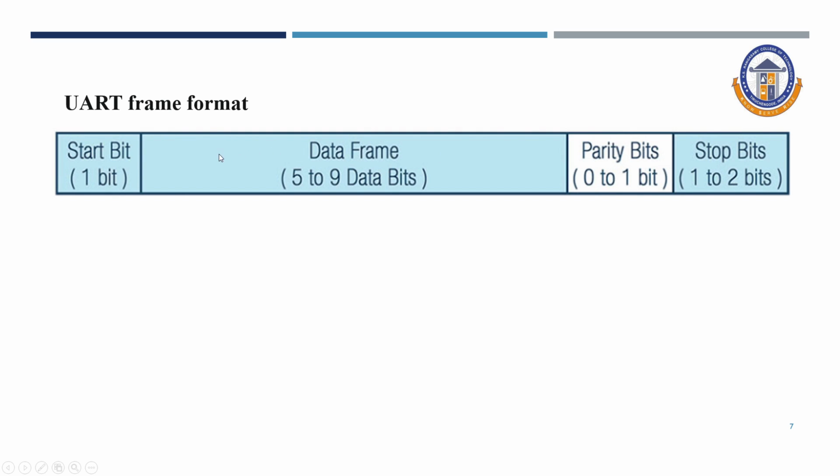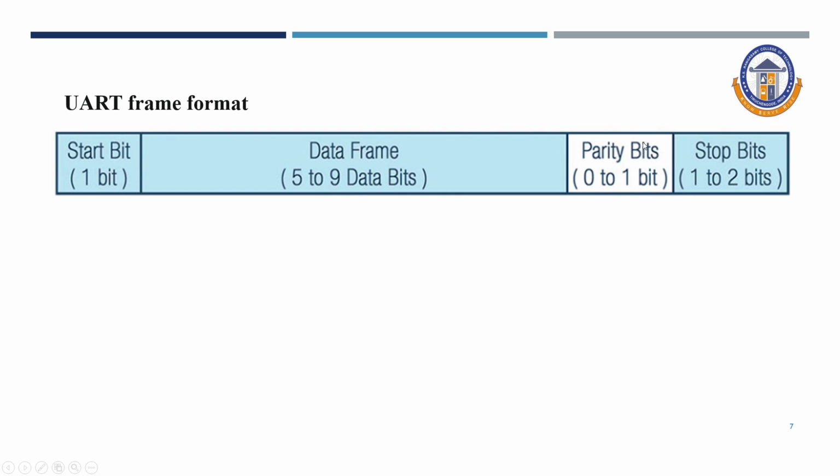In between, we stuff the data frame. 8 bits was given in the previous slides, but in the data format, 5 to 8 bits of data can be stuffed between the start and stop bit.